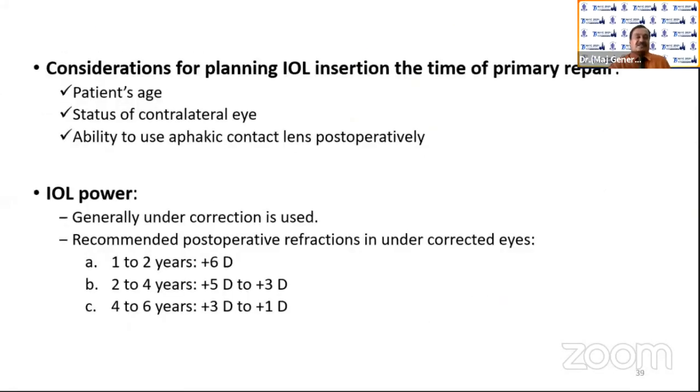IOL, these things are very important in pediatric cases: how to handle intraocular lens implants. For any child less than 1 year with an injury, I would recommend that initially we hold on the IOL implantation, and they can be given contact lenses for some time, because in any eye less than 1 year, post-operative fibrosis and inflammation are very high. Second, the eye is growing.